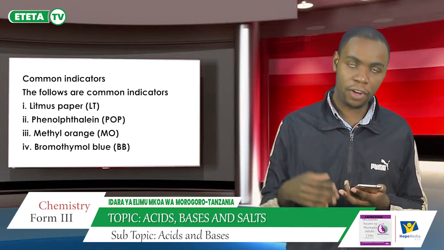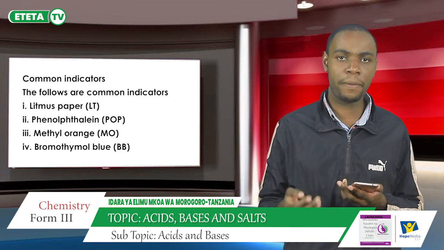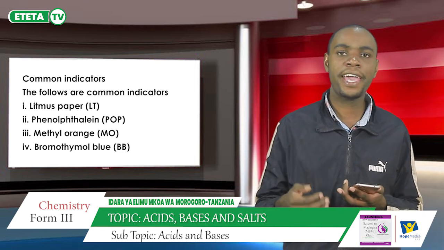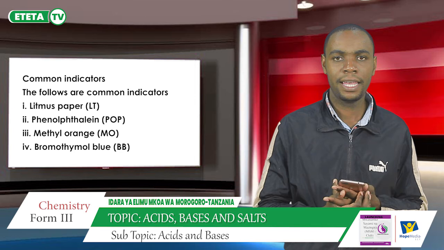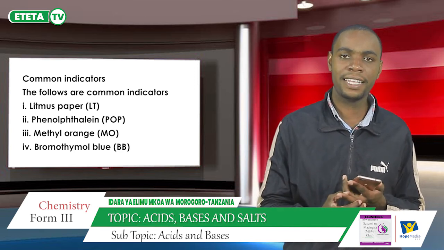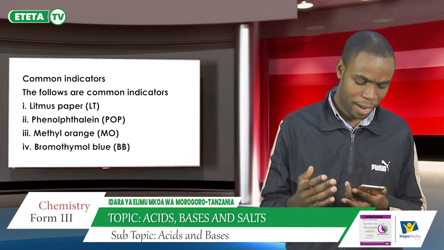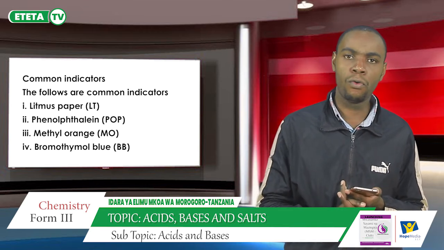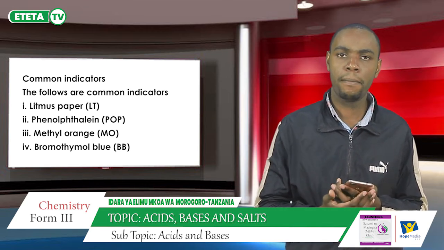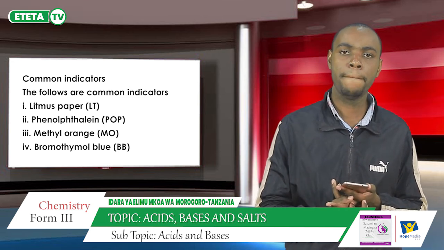Another common indicator, which is used either in the laboratory or in any other place, is the methyl orange indicator, abbreviated as MO. And another one is bromothymol blue, abbreviated as BB.